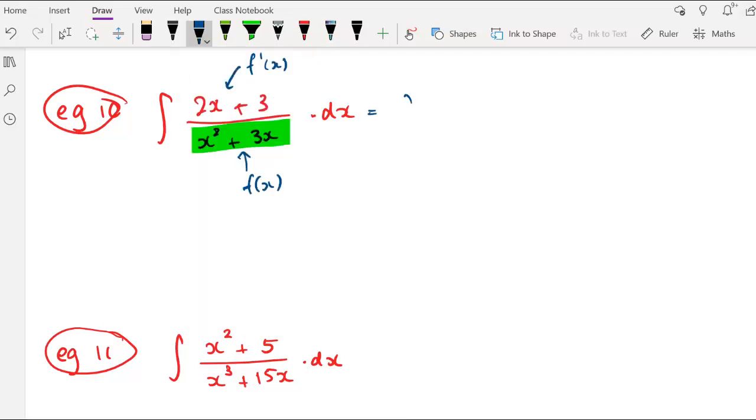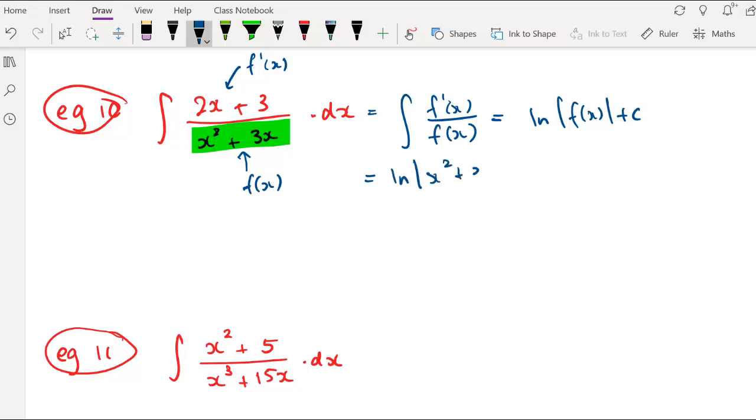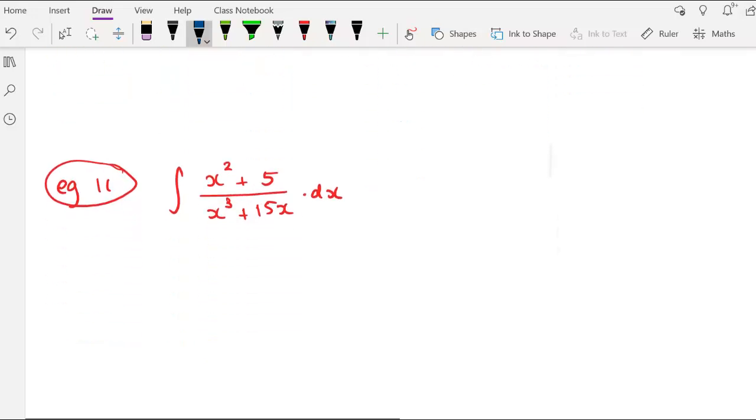So we'll look at this as the integral of f dash of x over f of x, which will give us ln of the absolute value of f of x plus c. And so in this case, we're looking at ln of (x squared plus 3x) plus c. So it's a one-line integral.